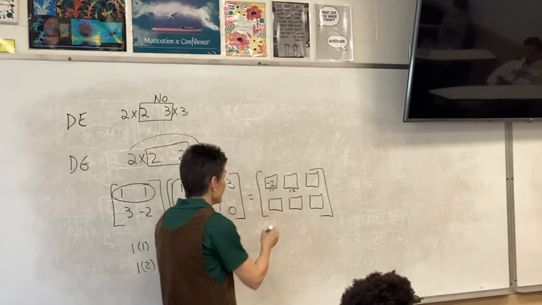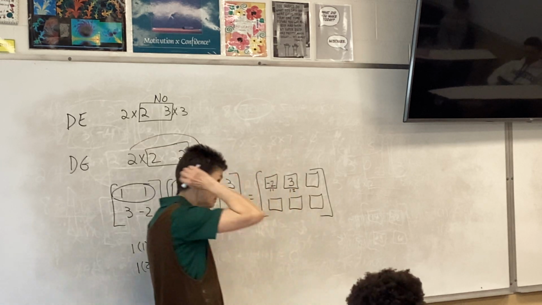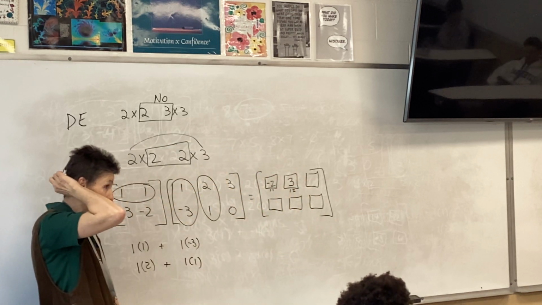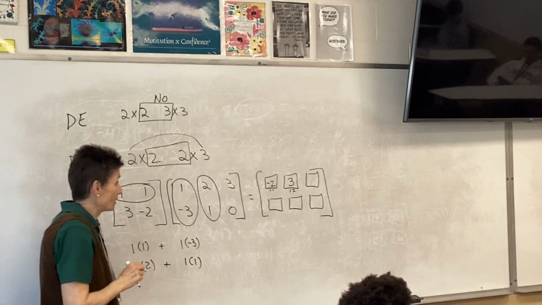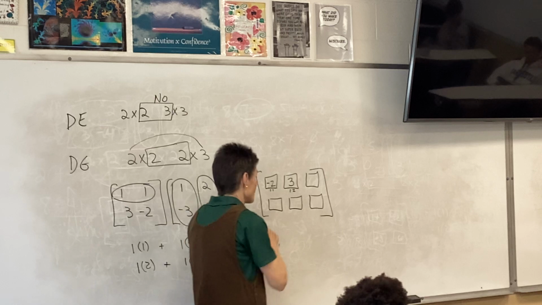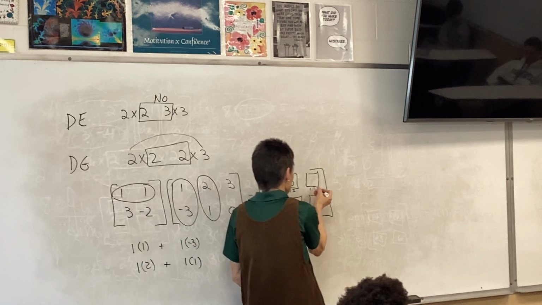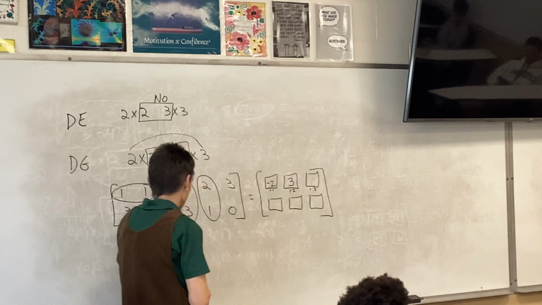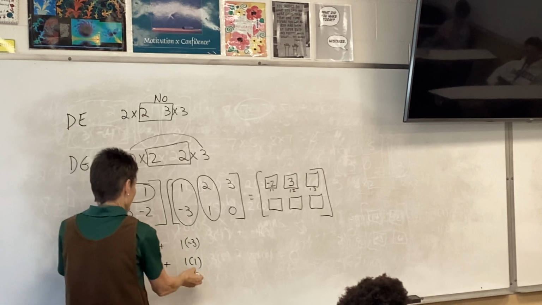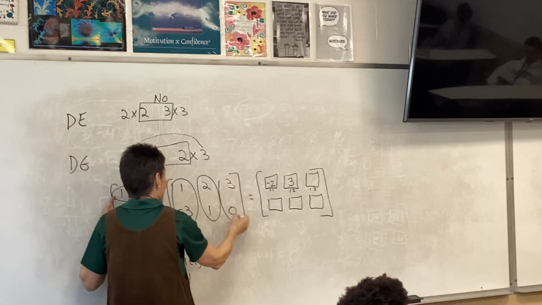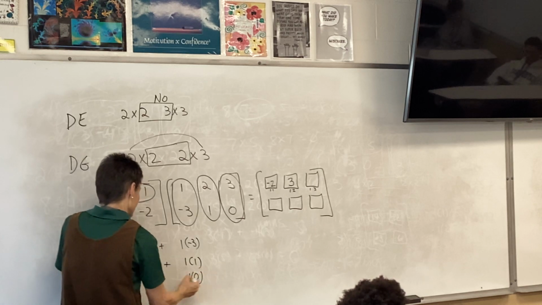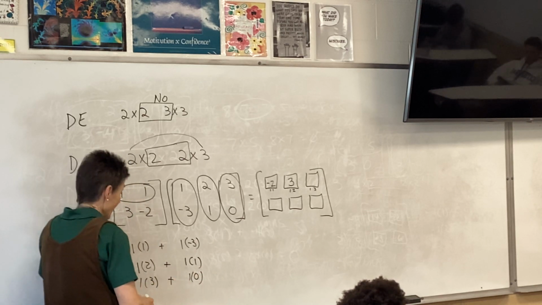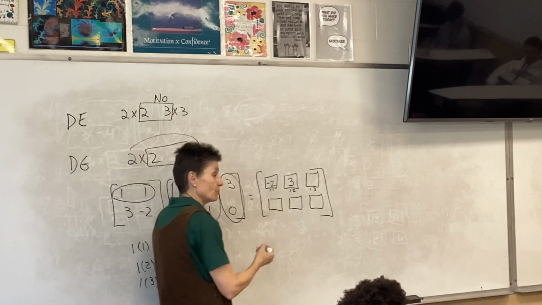So that number is a 3. All right, so next one, I'm just working my way across. This is first row, third column. So first row is still 1, 1. But third column is 3, 0. So that adds up to another 3.